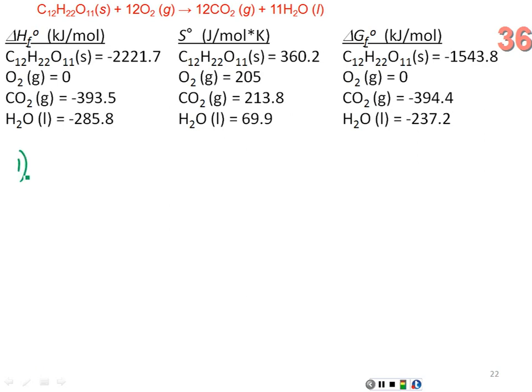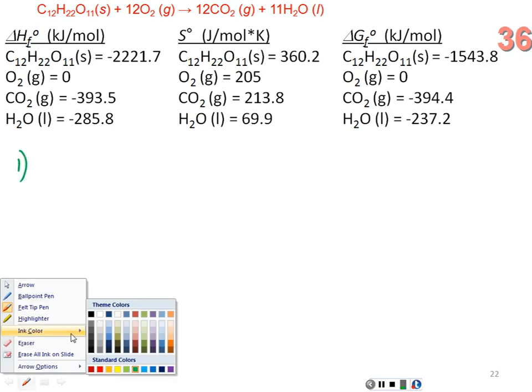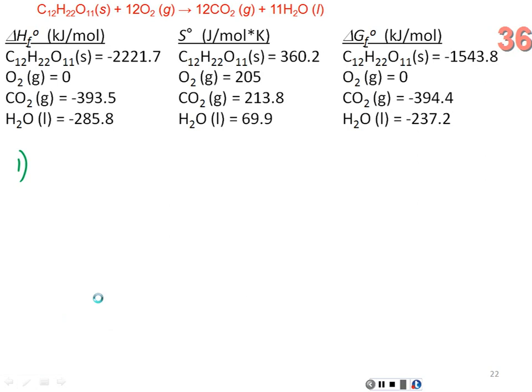So the first method, let me change color here, use black. The first method would be to use the equation for Gibbs free energy that's based on enthalpy and entropy, and then calculate.